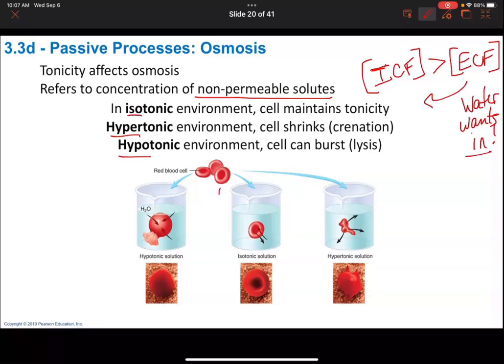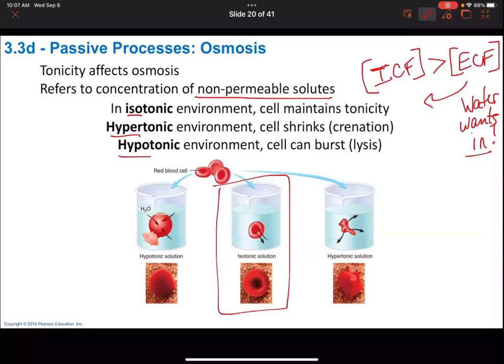Here in the middle we have a red blood cell placed in a solution that is isotonic. It has the same solute concentration as the solution around it. So there's no net movement of water in or out, and the cell's happy.